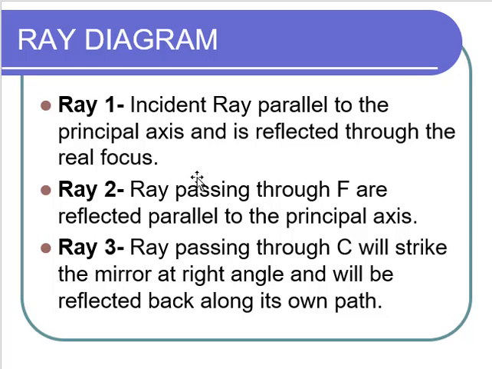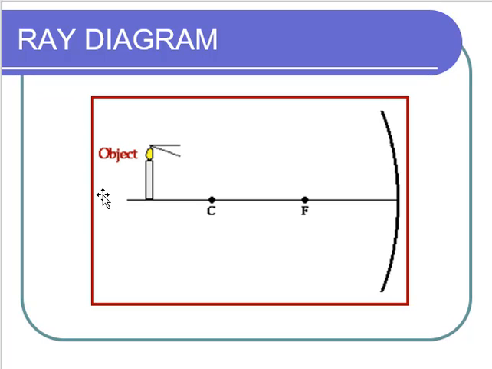Okay, maybe I'll show you a demonstration later. Number 2, ray passing through F and is reflected parallel to the principal axis. And then 3, ray passing through C will strike the mirror at a right angle and will be reflected along its own path. Take a look at this.